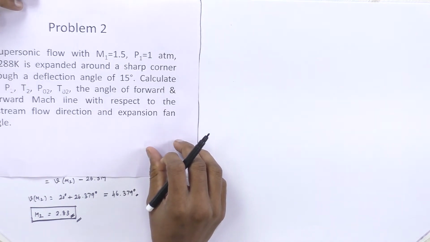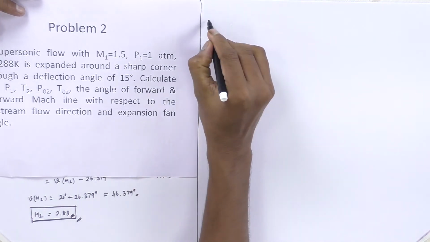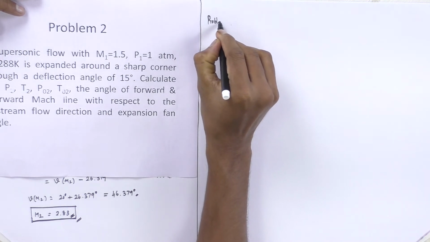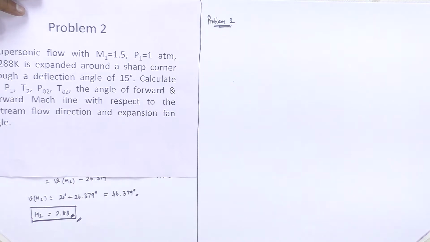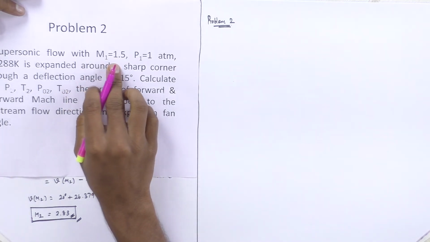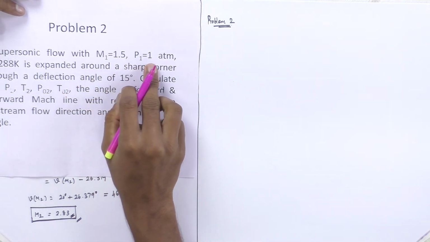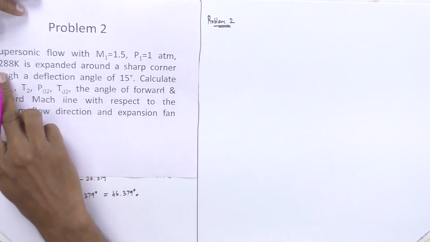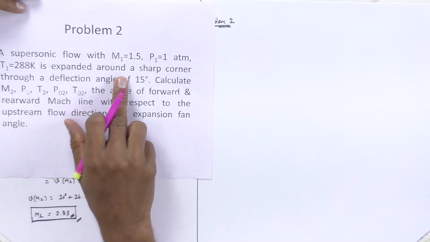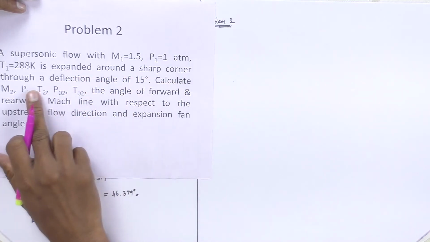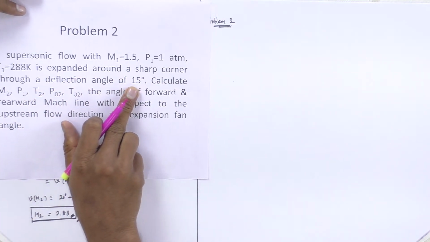Now let us solve our second problem, problem number 2. A supersonic flow with M1 is equal to 1.5 and P1 is equal to 1 atmospheric pressure and T1 is equal to 288 Kelvin is expanded around a sharp corner through a deflection angle of 15 degree.